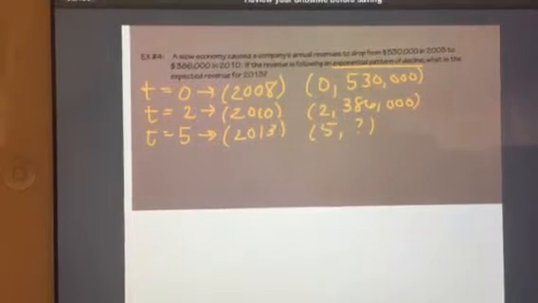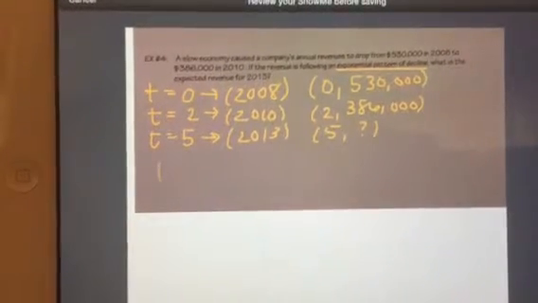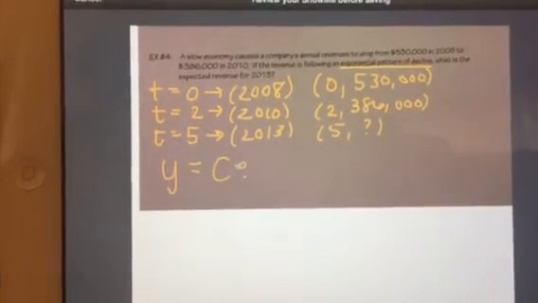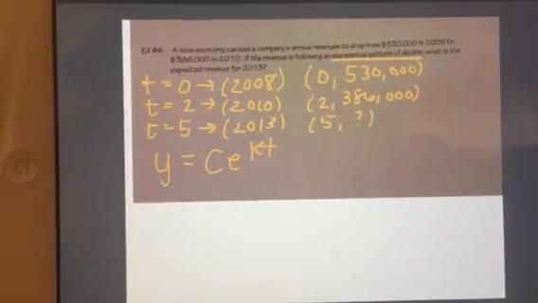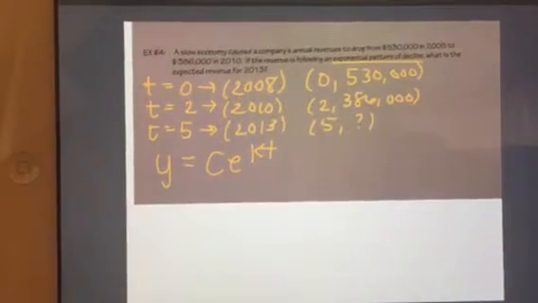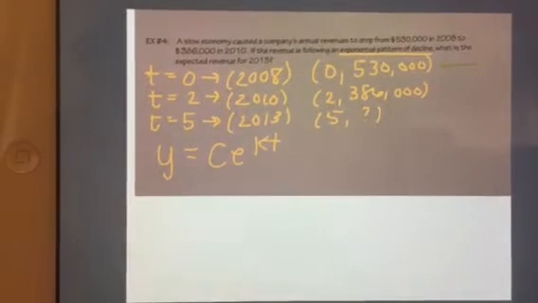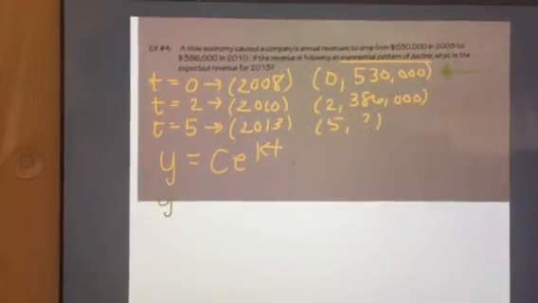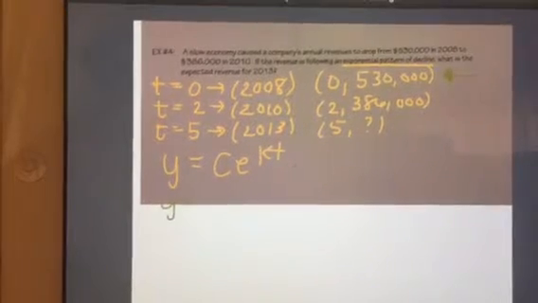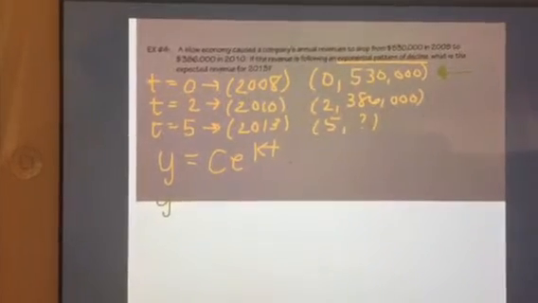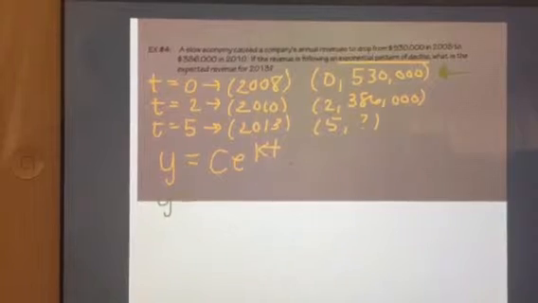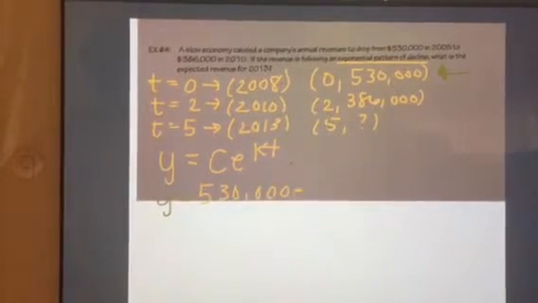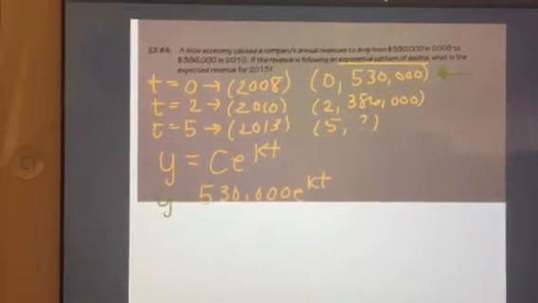Well, because it's an exponential pattern, then that's going to follow y is equal to ce to the kt. We already have our initial value, meaning our c, which is this value here. So we have y equals 530,000 e to the kt.